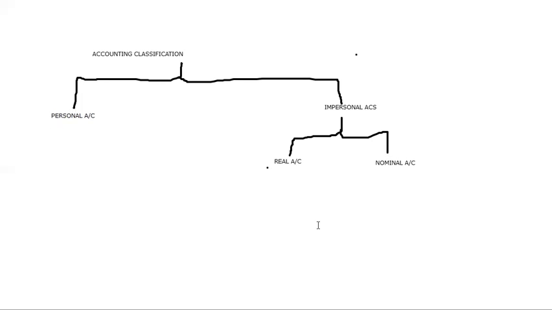So what is this classification? Why is it so important? Because in the organization, I said yesterday when I was talking to you about concepts and conventions, that everything must be recorded in the books. Everything, the disclosure, was one of the conventions we studied yesterday. So every disclosure is very important to be presented in the books, because anyone related to the company can utilize this information.